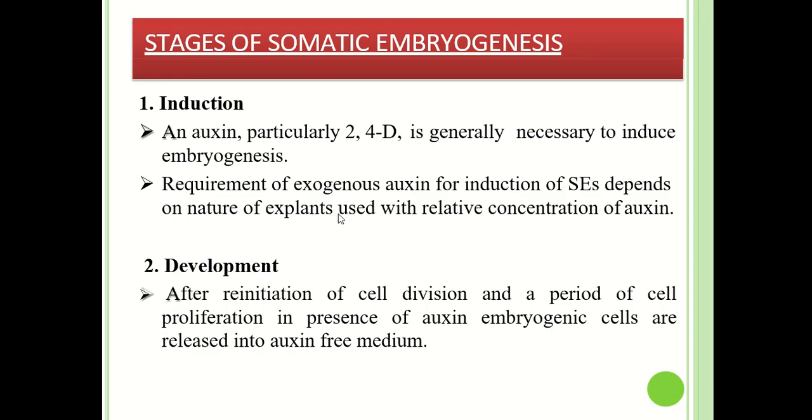Let's see the stages of embryogenesis. The first stage is induction. For induction, auxin plays an important role, particularly 2,4-D, which induces embryogenesis. The requirement of exogenous auxins depends on the nature of the explant we are using and its relative concentration to the auxin.